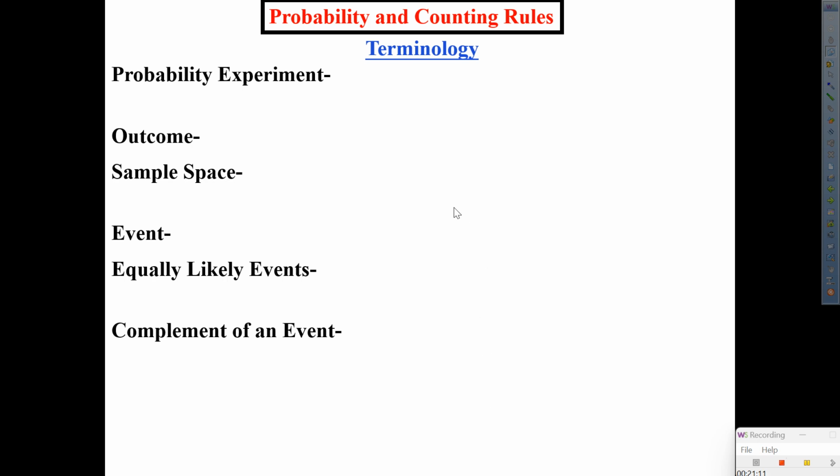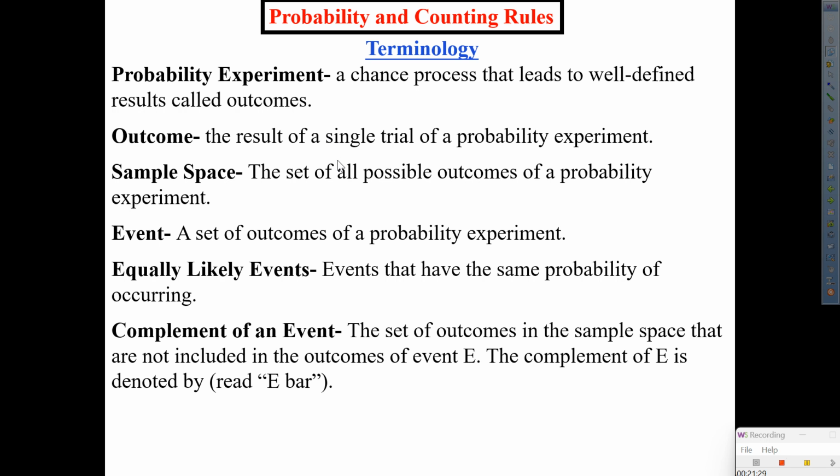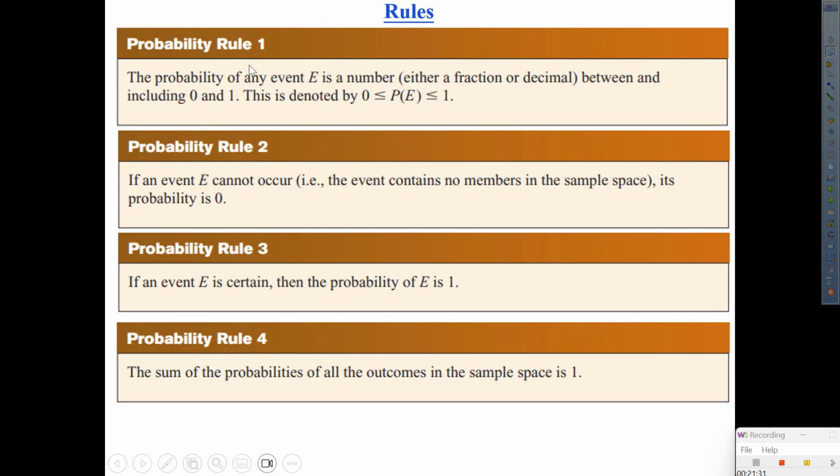It's in front of you. And last but not least, the last terminology that I left you were the probability rules. Is that correct? Yes, Mr. Q.